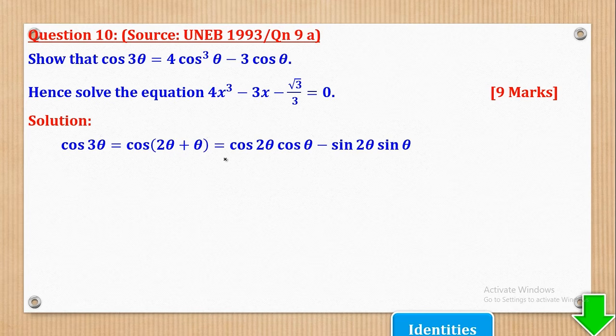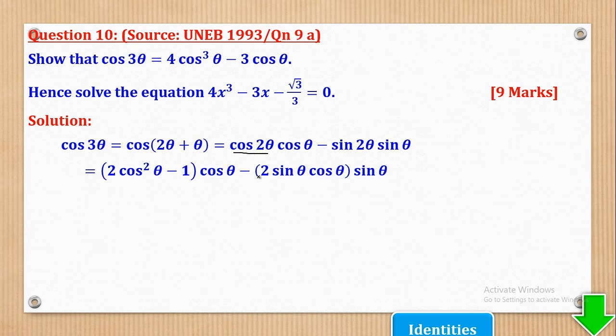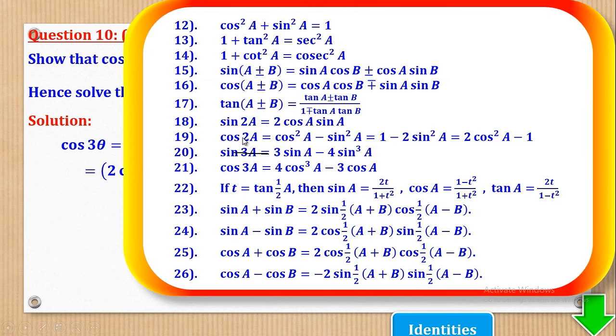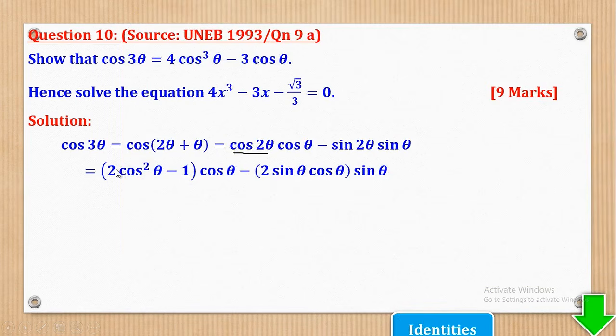So next is to expand this. So cos 2 theta, we saw in our identities that double angle for cos, in terms of cos, will be 2 cos squared A minus 1. So that is why you see here 2 cos squared theta minus 1.